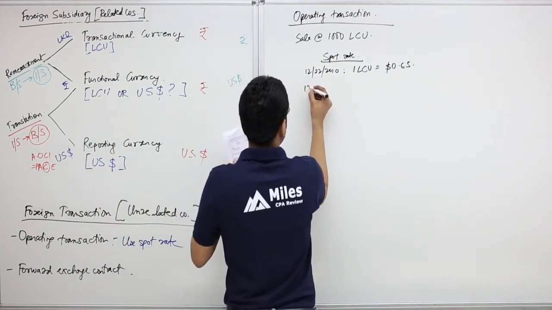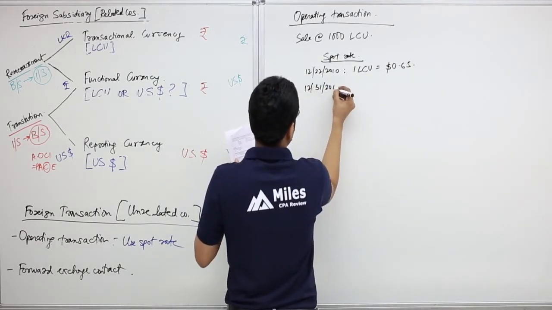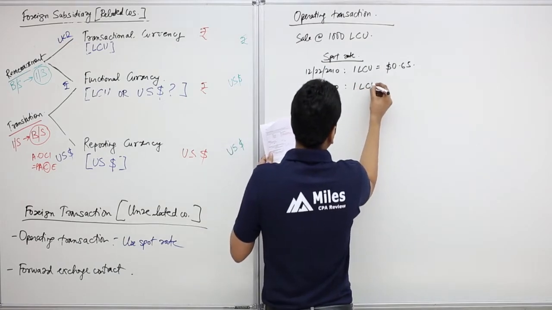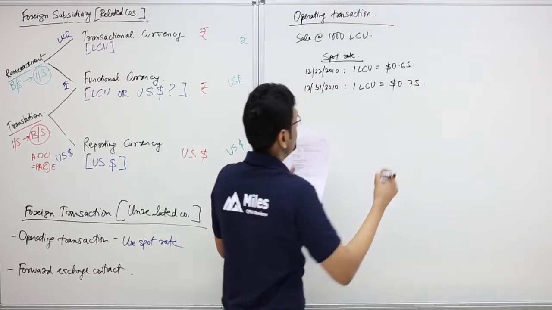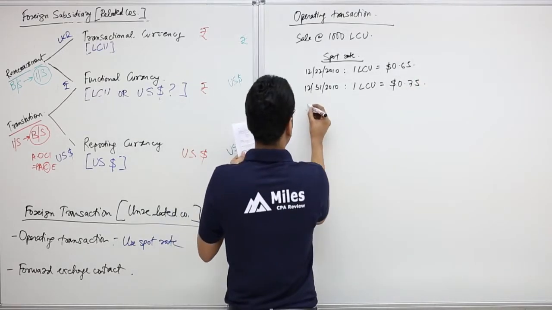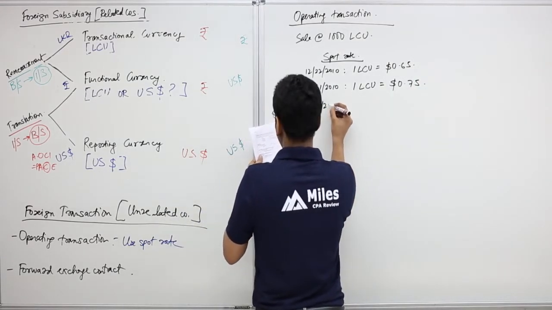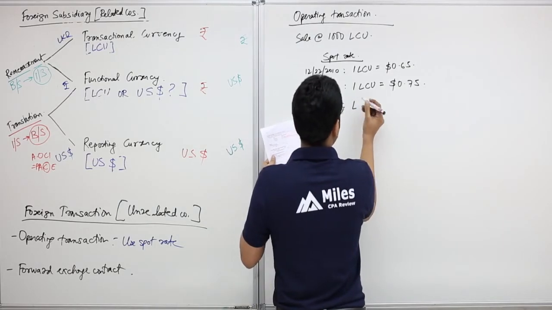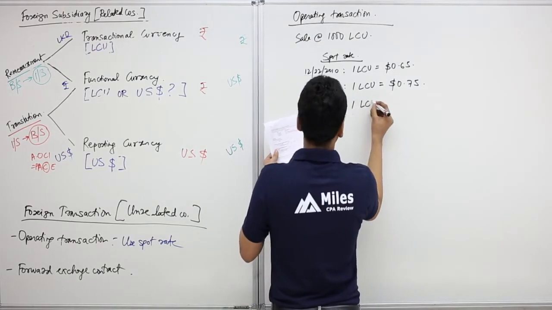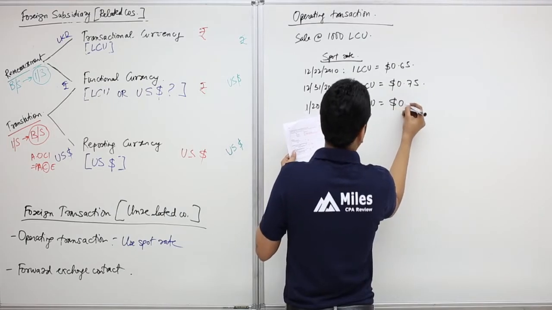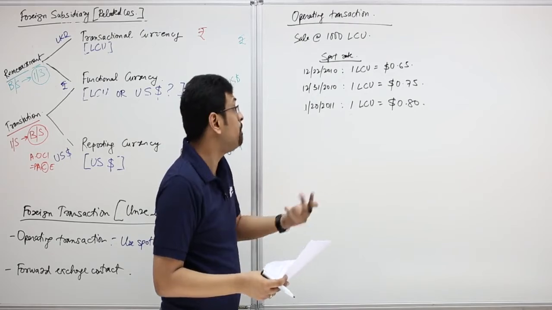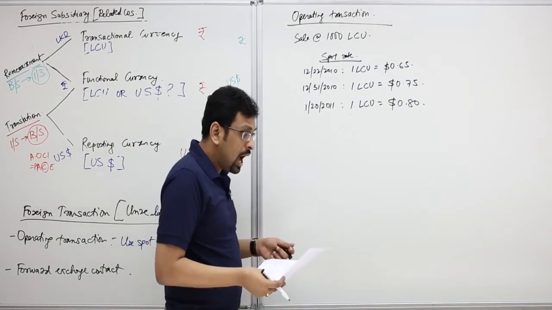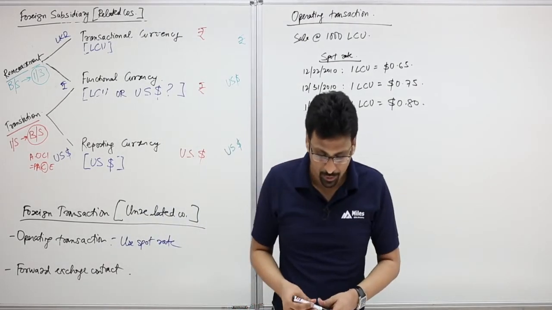Then you have the spot rate as of year end 31st December. At that point, 1 local currency unit was 75 cents. Then you have 20th Jan 2011, 1 LCU equals 80 cents. So basically the local currency unit has appreciated.